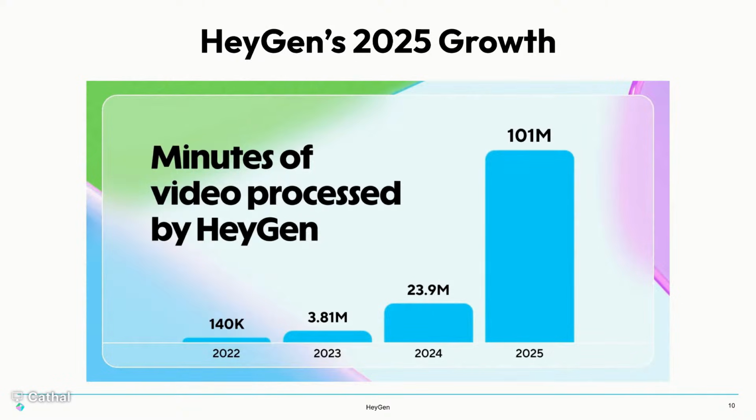I think this chart is one of the things that we got most excited about. Minutes of video processed by HeyGen, 2022 versus 23, 24, and then in 25, the first year where we were over 100 million minutes of video created. So yeah, really, really great to see that explosion.